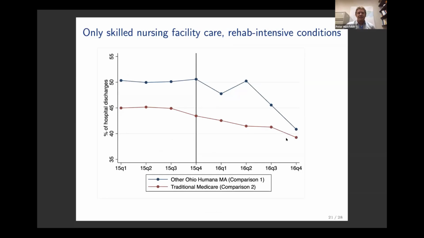I'm going to do a similar display of the percentage of enrollees receiving only skilled nursing facility care. Here, the Medicare Advantage enrollees are more likely to receive just skilled nursing facility care. The traditional Medicare enrollees receive less.